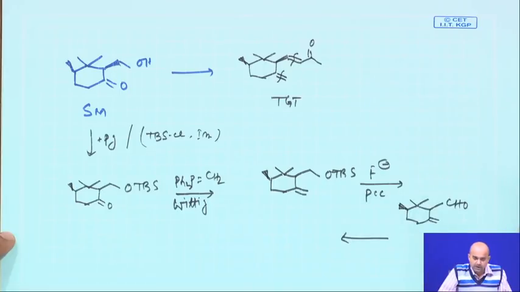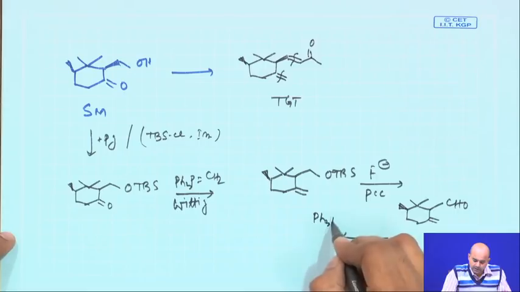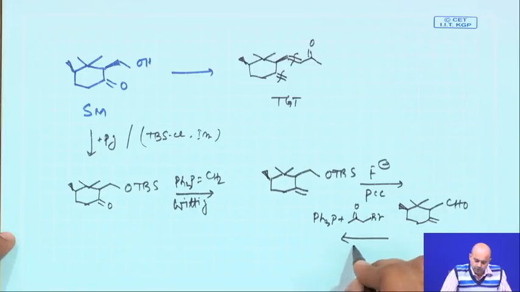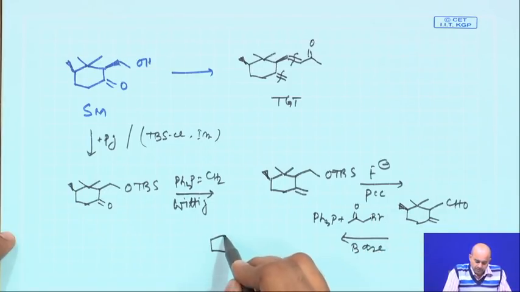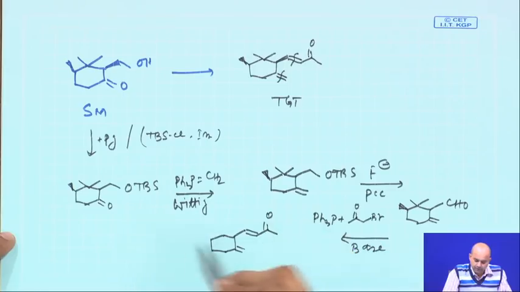You can do a Wittig reaction, even you can do an aldol kind of reaction also, but as we discussed about Wittig reaction, let us talk about a Wittig reaction with the ylide. You can easily prepare it from triphenyl phosphine and monobromo acetone and use a base to complete the synthesis in a very effective way.